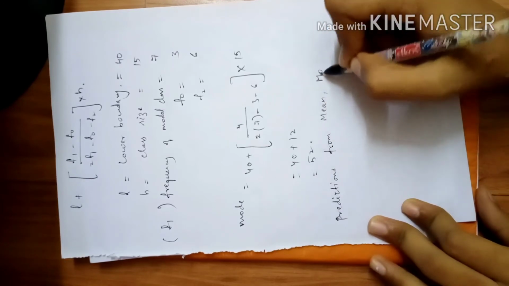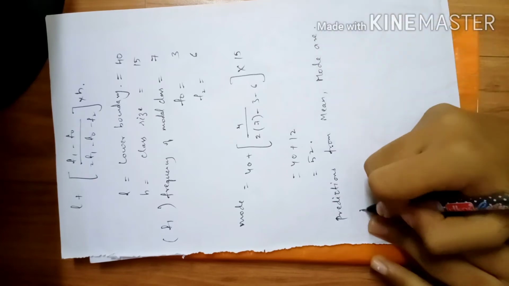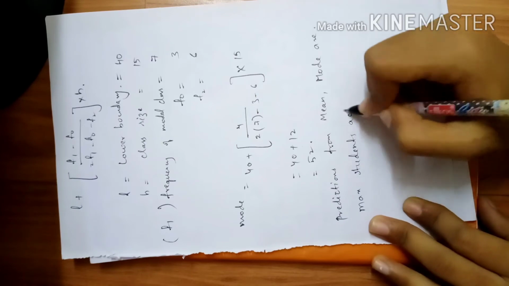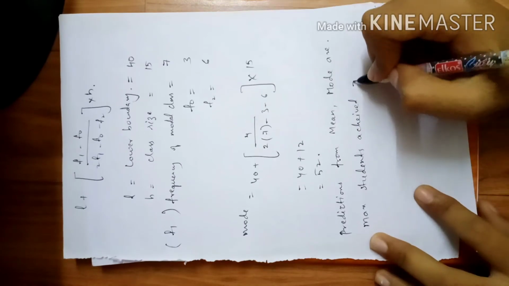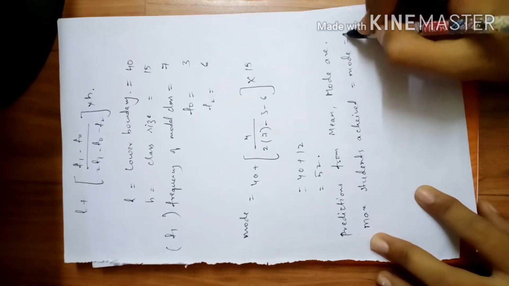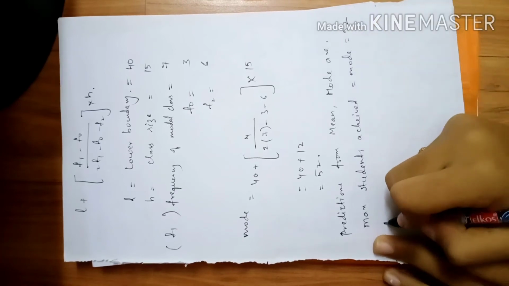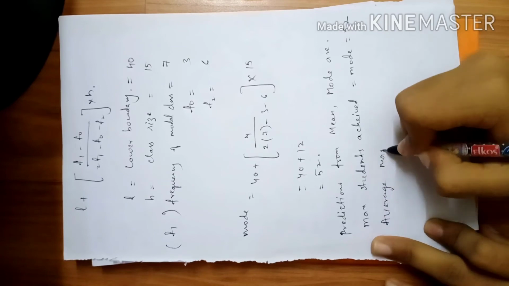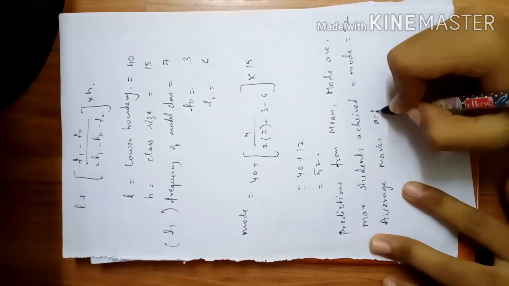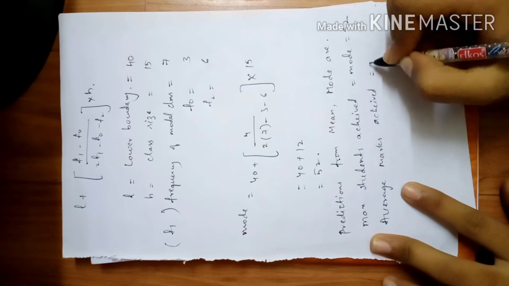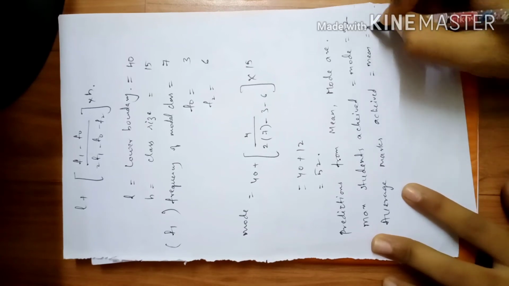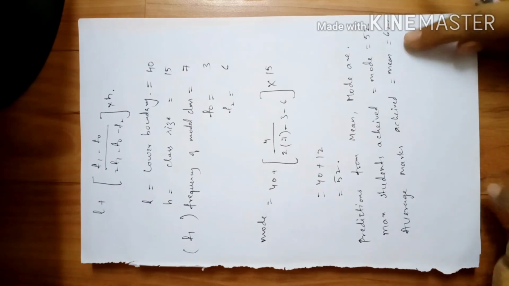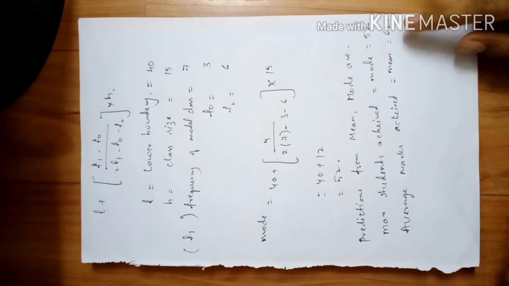The maximum students achieved the value that is nothing but the mode, which is 52 marks, and on average the marks achieved by students are the mean, which is 62, which I already explained in my previous video. Please check the previous video so that you can understand how I got this 62.